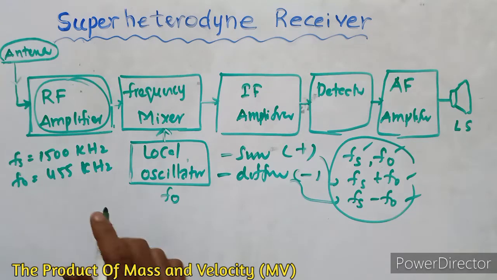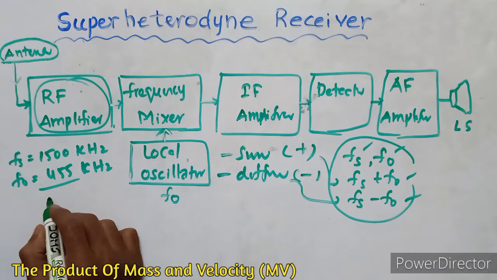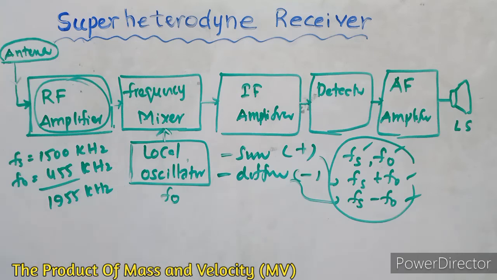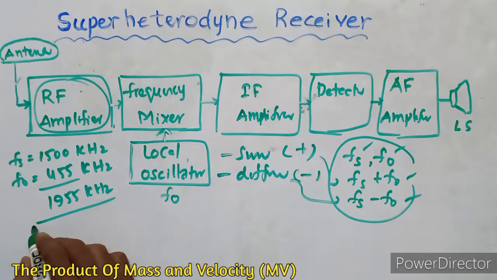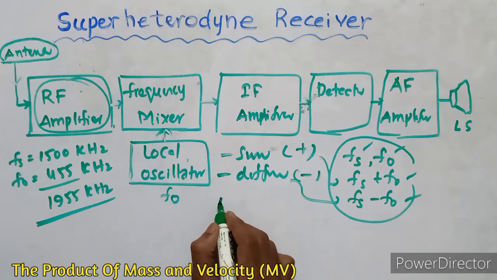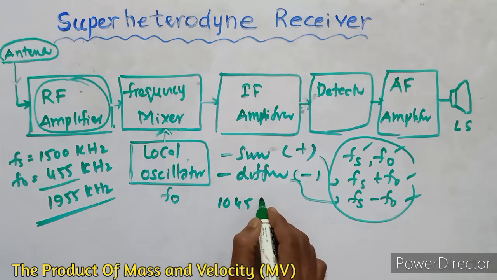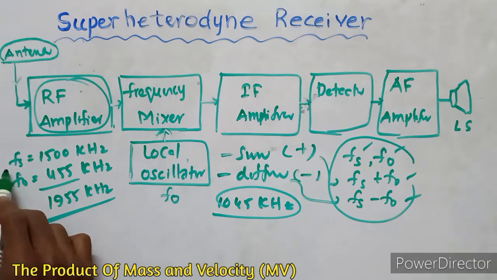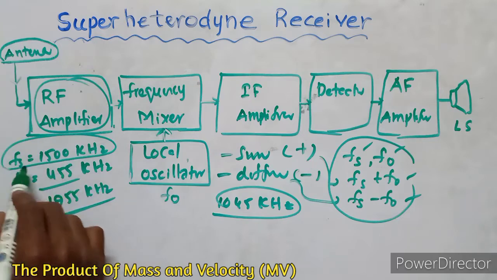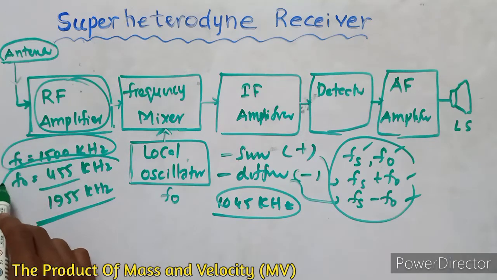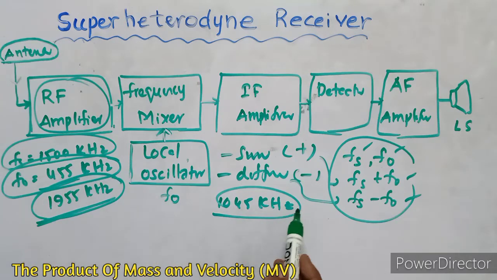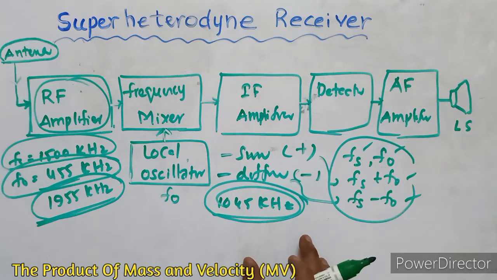So the sum frequency is 1955 kilohertz. The difference, the subtract, is 1045 kilohertz. These four components are the radio frequency, the local oscillator frequency, the sum frequency, and the difference frequency, that means the subtract frequency.